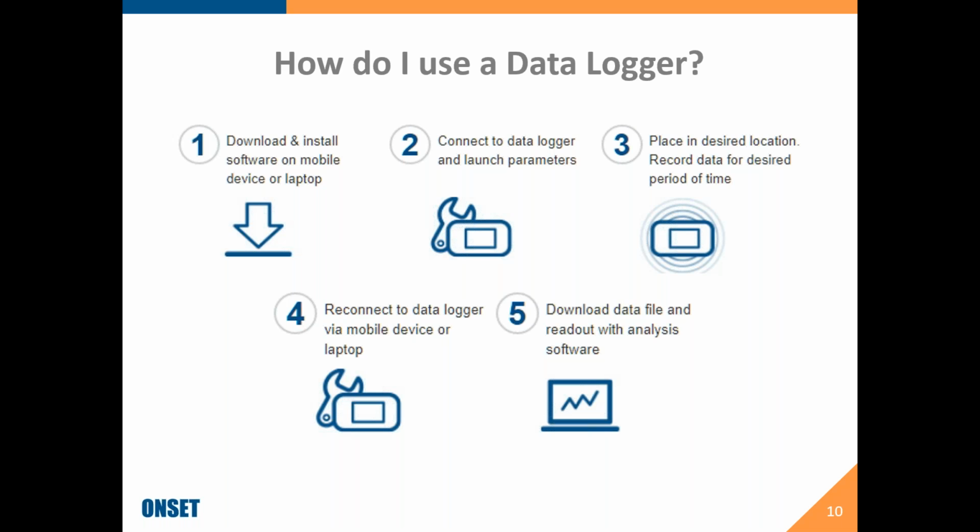When you do that, it's going to tell you how long it will run based on that interval that you select. So if you know you want to do a week-long test or months long, you can set that accordingly based on which data logger you have, how much memory it has, or if it's going to be real time. So you have control over that.